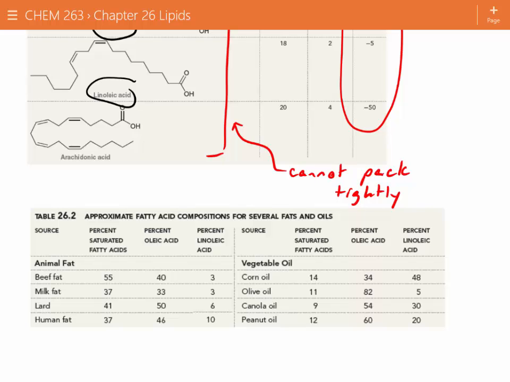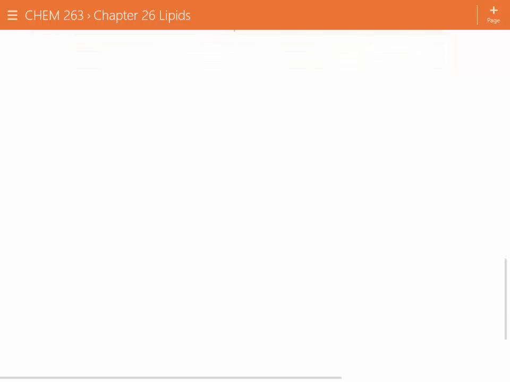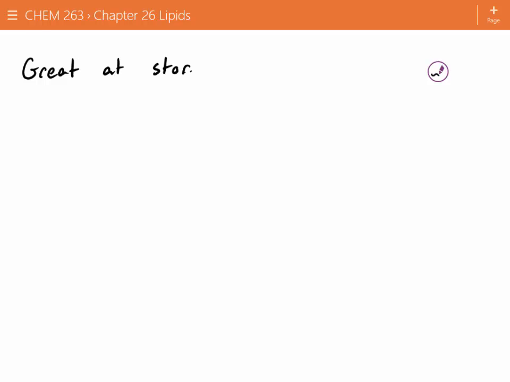All right. The cool thing with fats, or I guess uncool thing with fats, depending on your relationship with them, is they are great at storing energy. Which one's solid at room temperature? Saturated fats. Because they're linear without the kinks in them, they pack really tightly and they're solid.